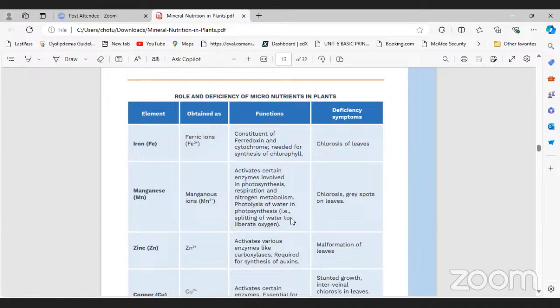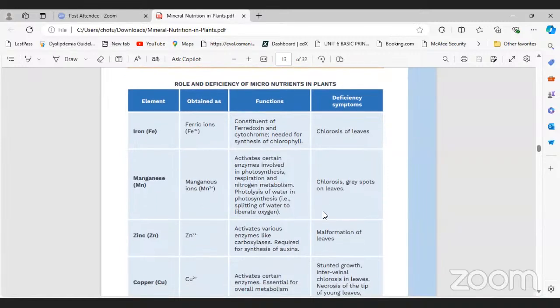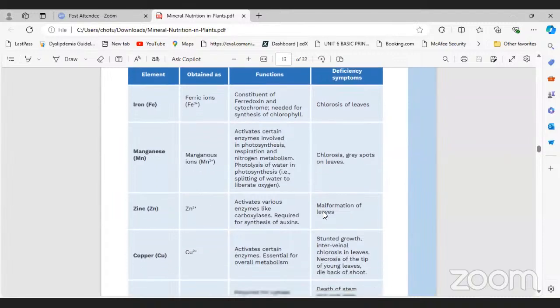It activates certain enzymes involved in photosynthesis, respiration, nitrogen metabolism, and the photolysis of water, that is, the splitting of water to liberate oxygen. Manganese is important in the Hill reaction. What is the deficiency? Chlorosis and gray spots on leaves.